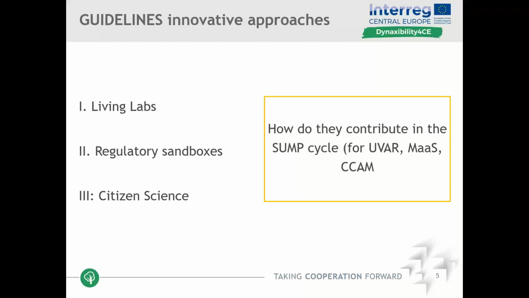And the third one is the citizen science approach, so the direct engagement of citizens in planning and developing solutions for mobility, starting from the analysis part, from the data collection and the processing of information. So engaging them as an active part of the scientific analysis at the basis of the delivery of mobility.